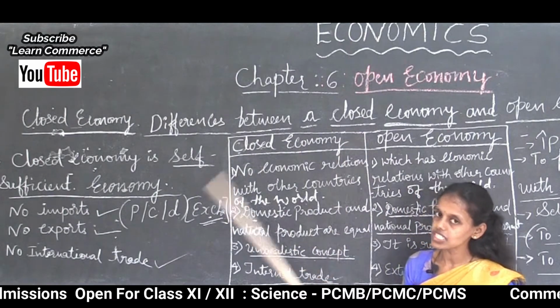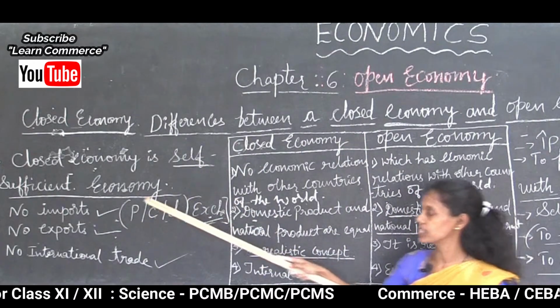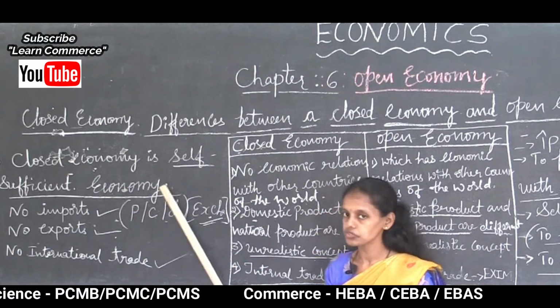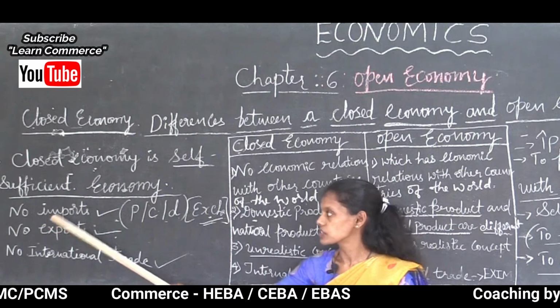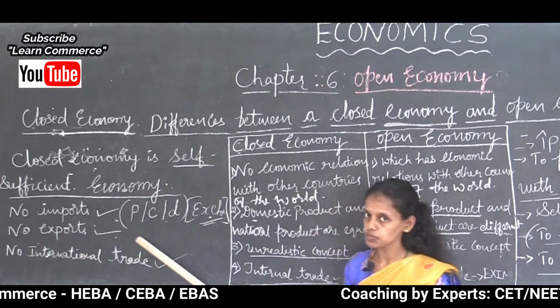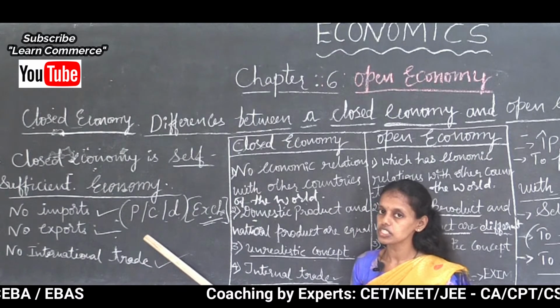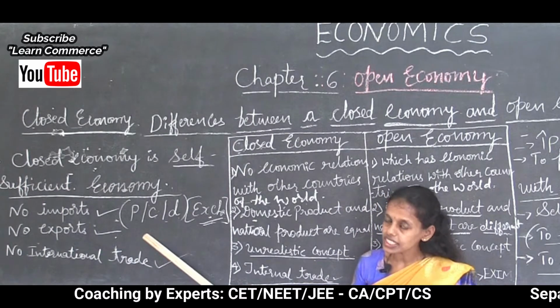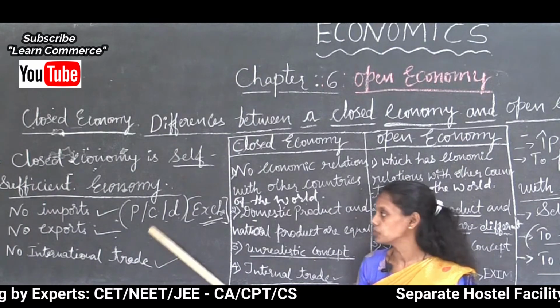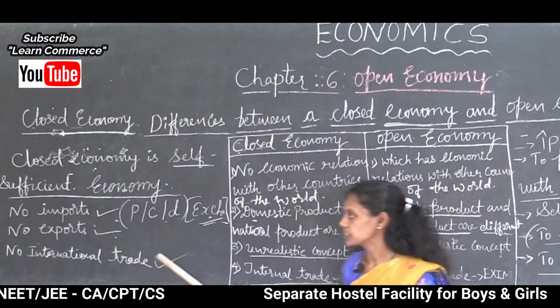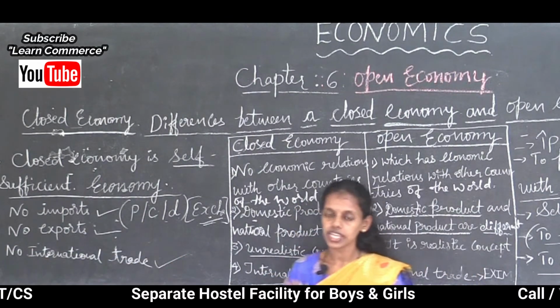By seeing these differences, what do we come to know? A closed economy is a self-sufficient economy. There is no import and no export; production, consumption, distribution and exchange of goods within the nation's boundary is the main objective, and there is no international or external trade.